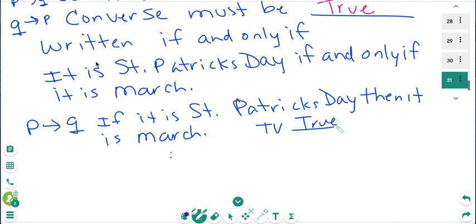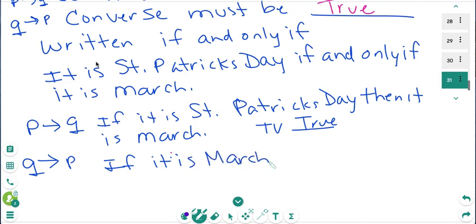Now we're going to do if Q, then P. So if it is March, then it is St. Patrick's Day.